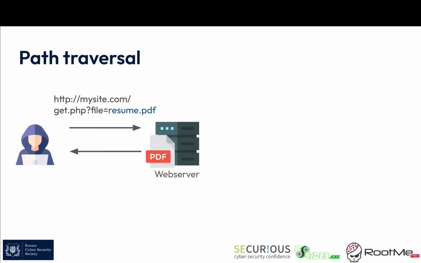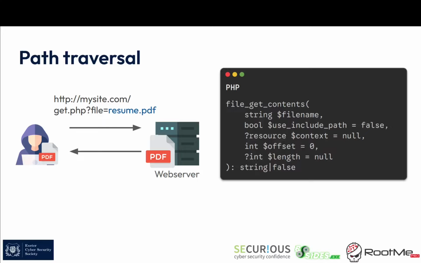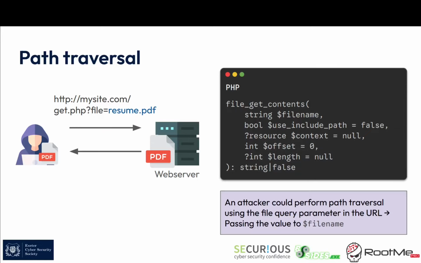So the web server will read the file parameter, which is resume.pdf, and typically it will show me the contents of that file. So here's the function structure of file_get_contents. But what you can see here possibly is that an attacker could perform path traversal if they modify the value of the file name passed to this function.